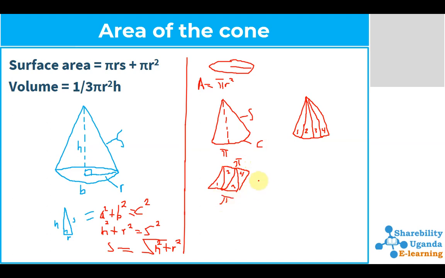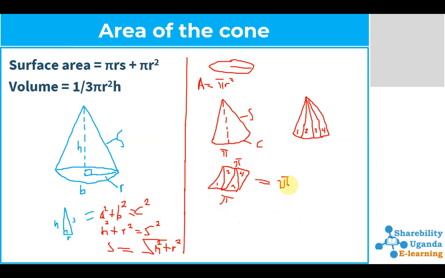So this simply means that for us to find the area of this sector, we shall be able to say that the area of our sector is going to be 2 pi. So here we have been able to split it and get our 2 pi.